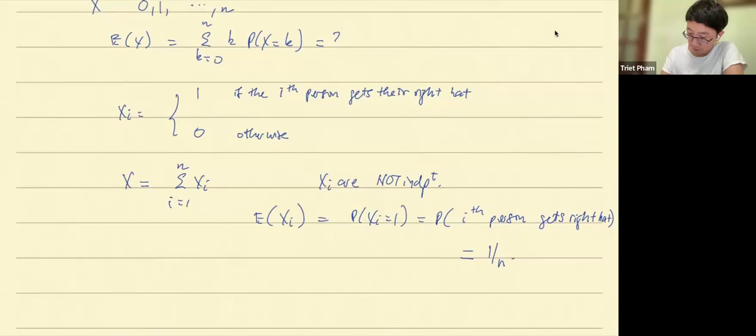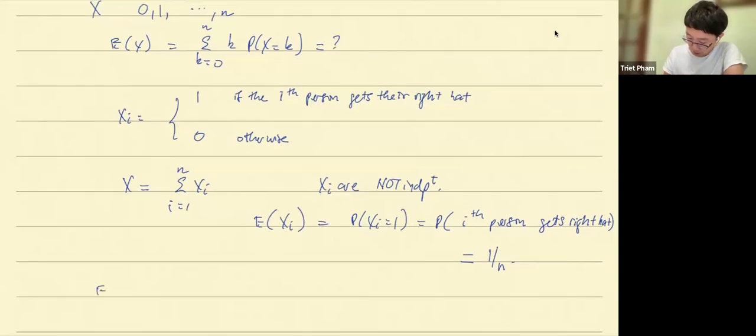Therefore, the expectation of X will be the sum of the expectations of Xi, but these are all 1 over n, so the answer is 1.